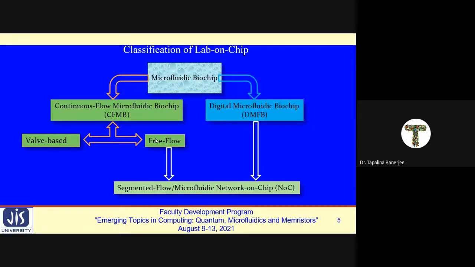Both CFMB and DMFB have another common classification known as segmented flow or microfluidic network on chip. While several computer-aided design or CAD tools have already been developed for DMFB, very few are available for CFMB. CFMBs are historically more preferred in the biochemistry community to implement various assays and detection.